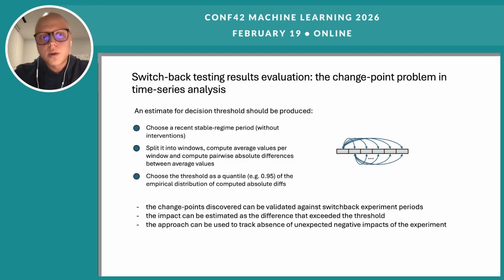And one of the common views on results estimation after you conducted a test is a view from the change point statistical time series problem perspective, which basically allows you to estimate the impact, to validate your experiment, to estimate any unexpected negative impacts as well.